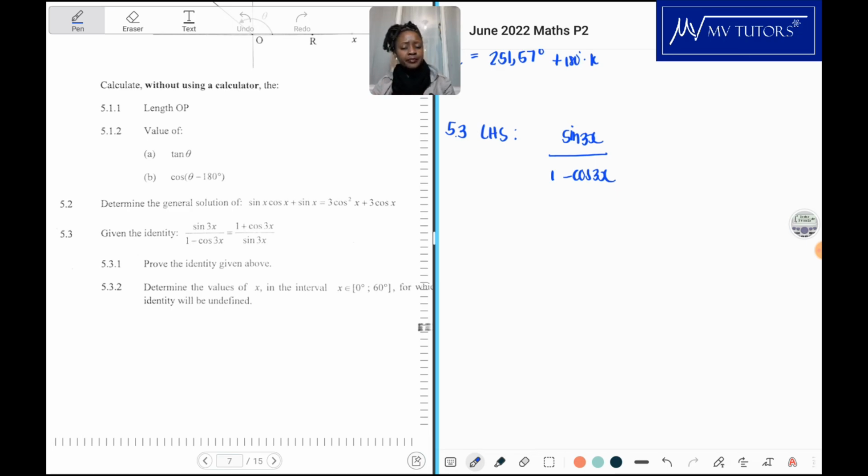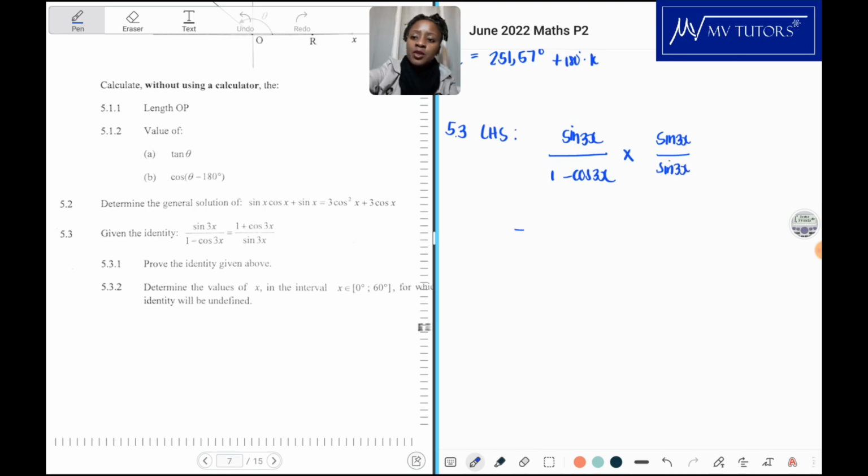Remembering the identities we have, if I can multiply both the numerator and the denominator by sine 3x, in the numerator I'll have sine squared 3x, and I can do certain things, I think. Let's just multiply by sine 3x over sine 3x, which is the same as multiplying by 1.